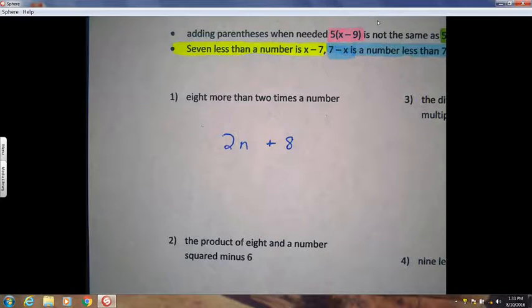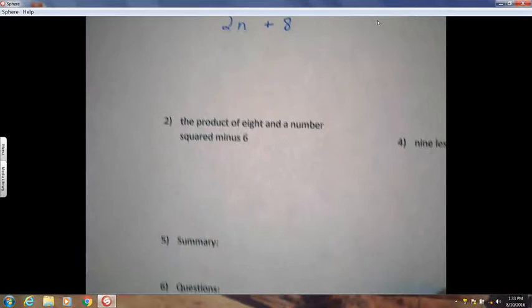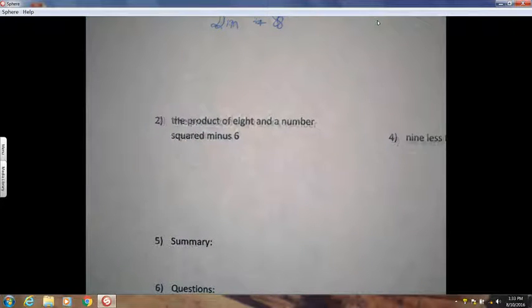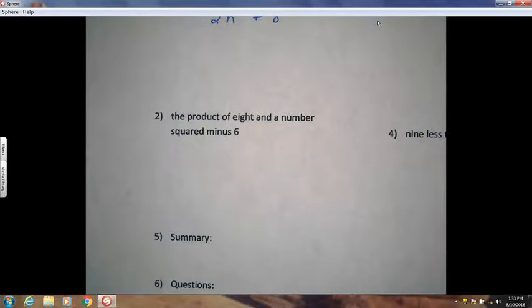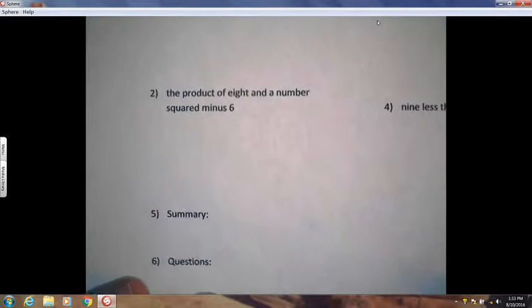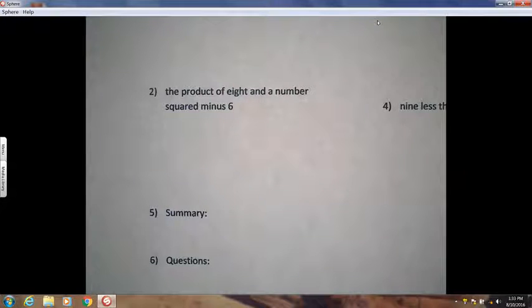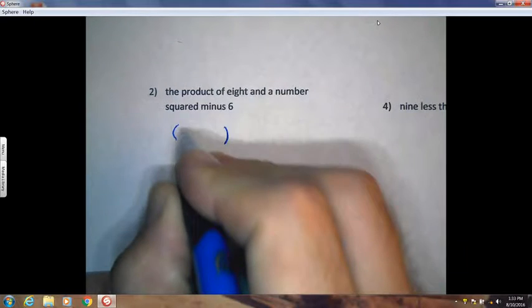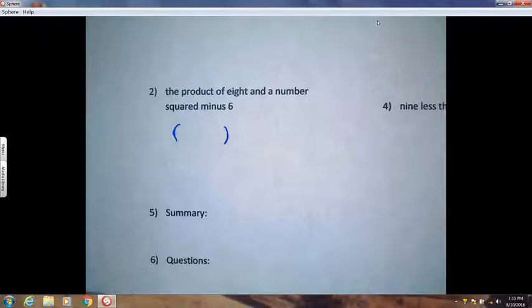Number 2. The product of 8 and a number squared minus 6. Okay, so I see product. That's one of the things that I said. It often requires parentheses. So I'm going to put something in parentheses even if I don't need it. I need to remember to put that in. The product of 8 and a number squared.